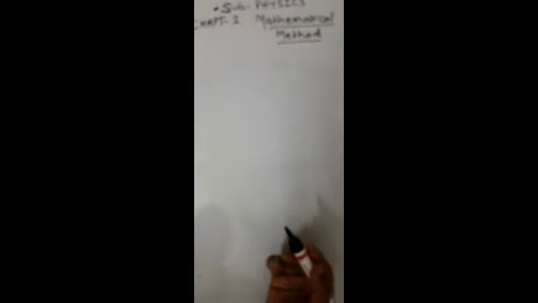The next important numerical is to show that the scalar product of these two vectors is zero, that they are mutually perpendicular to each other. This is one important numerical you can get in your exam.